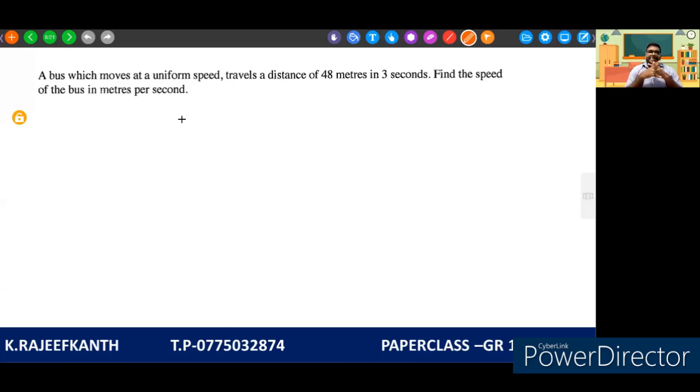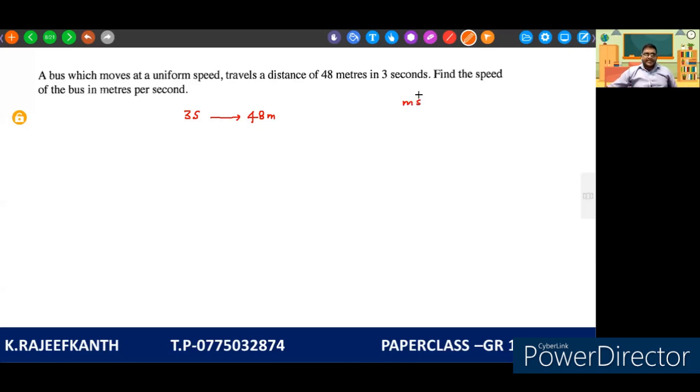Here they have given that in 3 seconds the bus travels 48 meters. So if you want to find the speed in meter per second, you have to find how many meters that bus travels in 1 second, right?